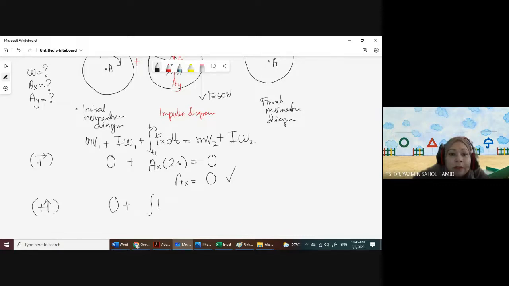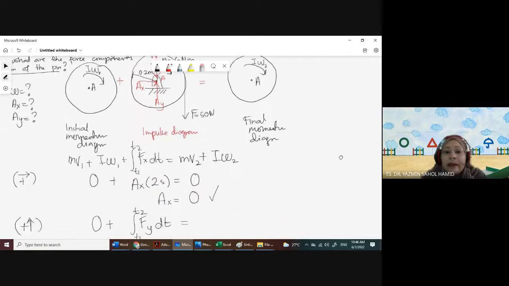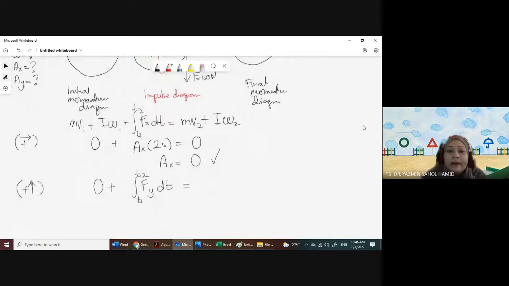Tapi you have to consider the forces in the vertical direction. Okay. And in the final momentum diagram, is it any movement? Tak ada kan? In the vertical direction pun tak ada. So ni kosong.